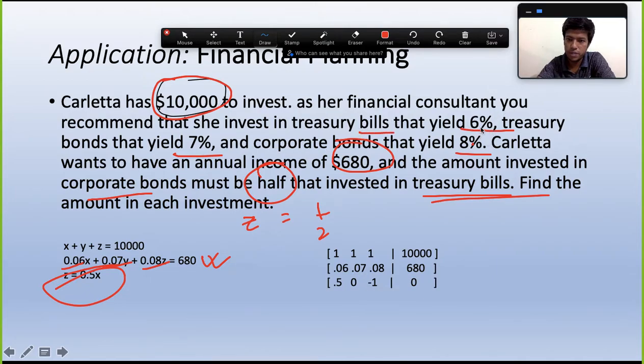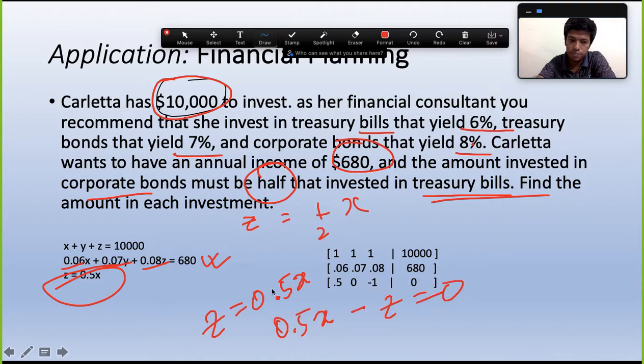Treasury bills yield 6%, so it is x. So half means actually 0.5x, and if you bring it to one side, then it becomes 0.5x minus z equal to 0, which looks like this. Or you can write z minus 0.5x equals 0 also. You will get the same answer.